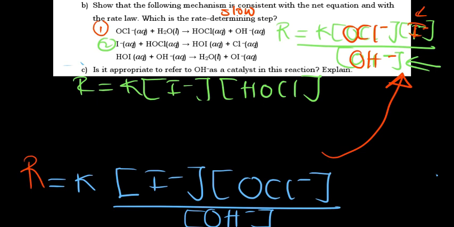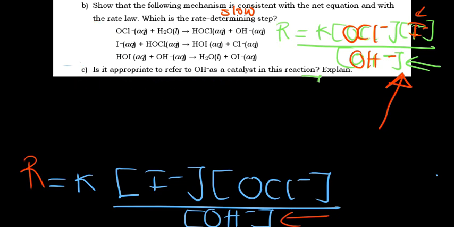Now part C says, is it appropriate to refer to hydroxide as a catalyst in this reaction? Now if you check hydroxide, it's actually part of the denominator. If you increase this concentration, the rate of the reaction is going to be slowed down because the rate and hydroxide are inversely proportional.